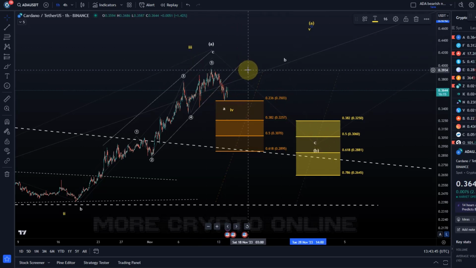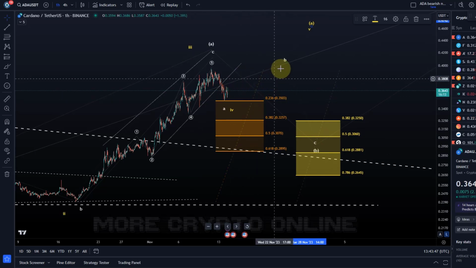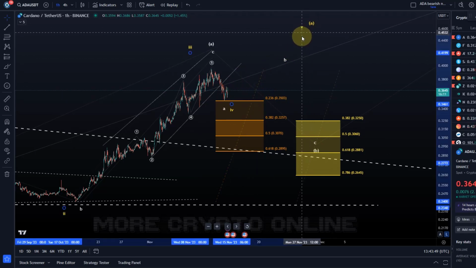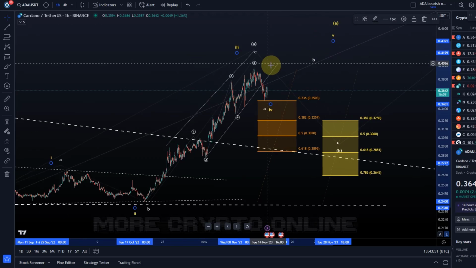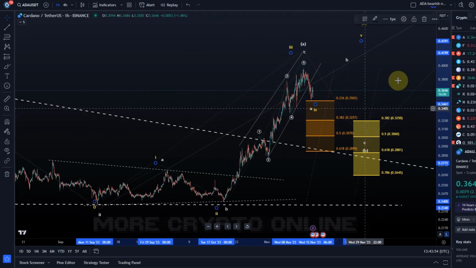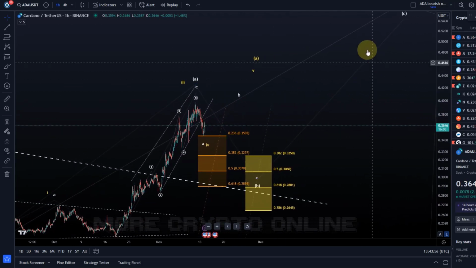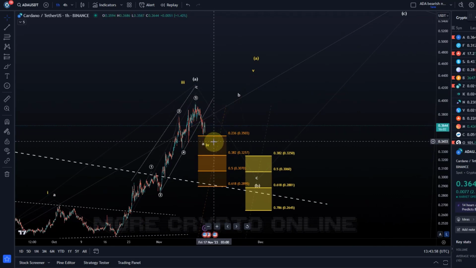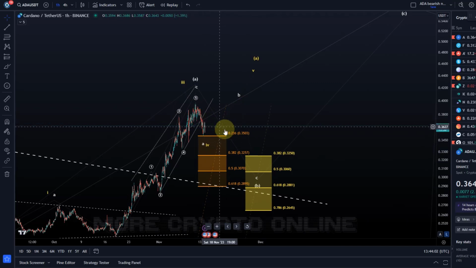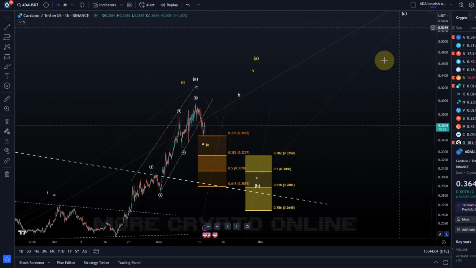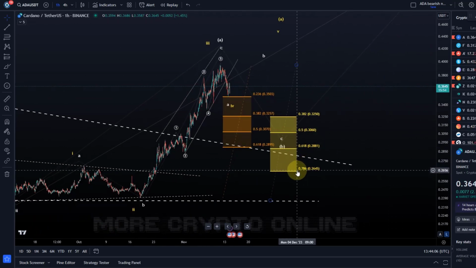But above the 39.5 cent level, I would count it still as wave 5 of A. Overall, both counts are bullish. We're just watching here a short-term correction play out at the moment, which should then eventually still lead to higher prices as long as we're holding 26.4 cents.